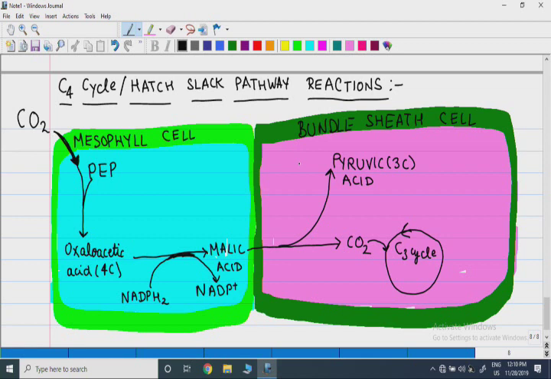And pyruvic acid gets transported back into the mesophyll cell, and then the pyruvic acid gets converted into phosphoenol pyruvic acid by the help of ATP.